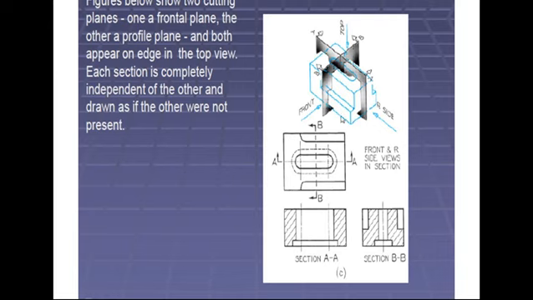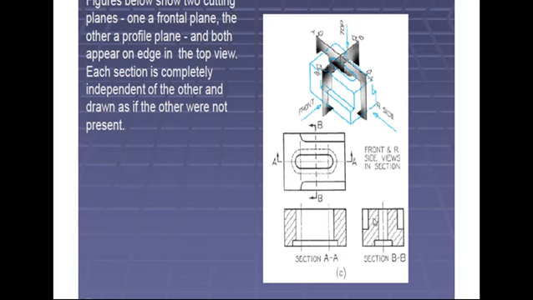When we consider the BB section, we draw this side view, and this is the direction of view. We will remove this portion, and when we remove it we get this view.